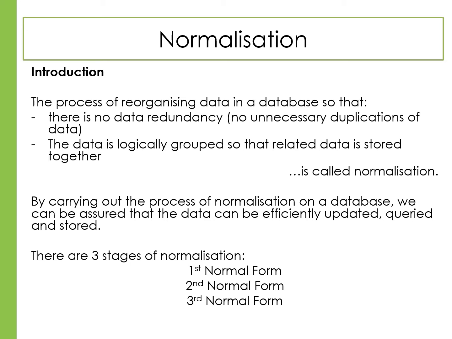So we started to think about why we need a relational database and reorganizing data so there's no data redundancy. Do you remember we talked about not having duplications of data, and so that data is logically grouped and stored together? Remember our example where we had a customer buying some products.